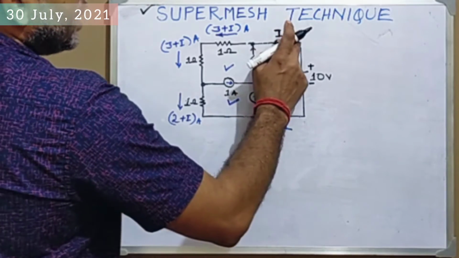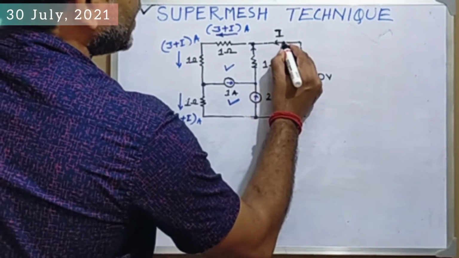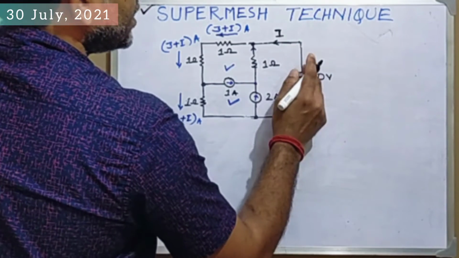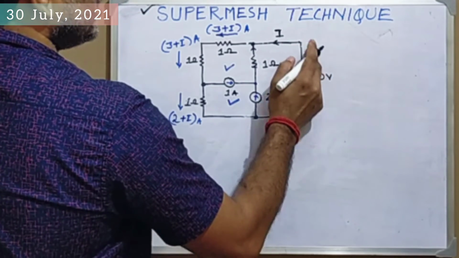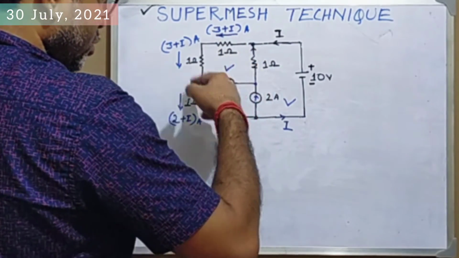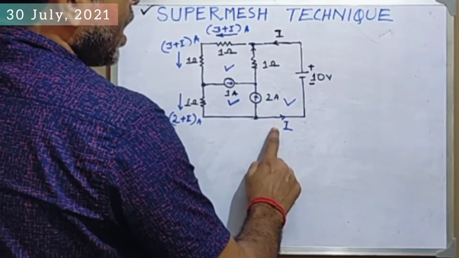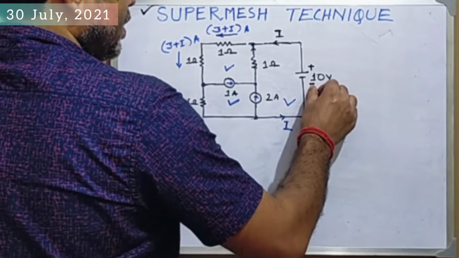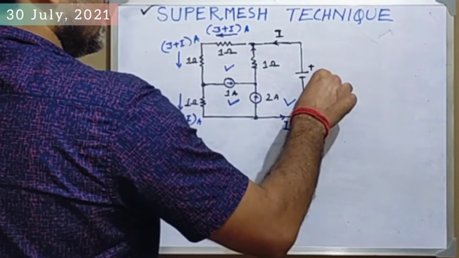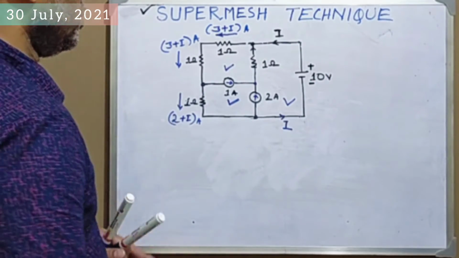Thus we have seen that the I current which is generated from the positive terminal of the battery source, after traveling through the entire network, comes back to the negative terminal of the battery source.